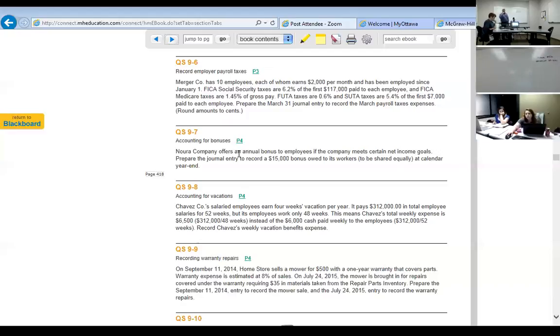And then when it's brought in, $35. I'm just going to note this, realized cost of $35. Date of the sale was when? 9/11. When was it brought in? July 24th, 2015. And it says to take this from repair parts inventory.